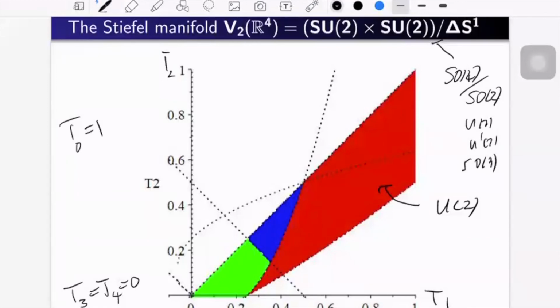In this green region here, well, let me first talk about this one here. In this blue region here, SO3 wins in the sense it has a higher level and it has a positive derivative. Now remember here, there's a 1-parameter family of such subgroups.